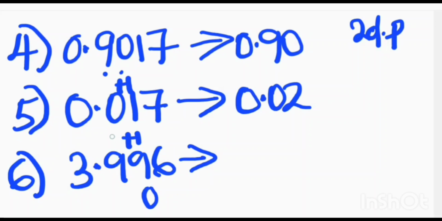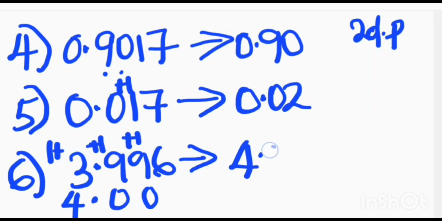So we write 0 and also carry the 1 and add it here. 9 plus 1 again is 10. Write another 0 and put 1 here. So in this case, we're going to take the 1 again to the other side, and we have 3 plus 1, that is 4. Do not forget to add your decimal point. So in this case, our answer is 4.00.